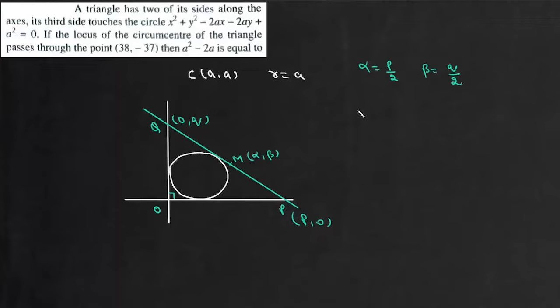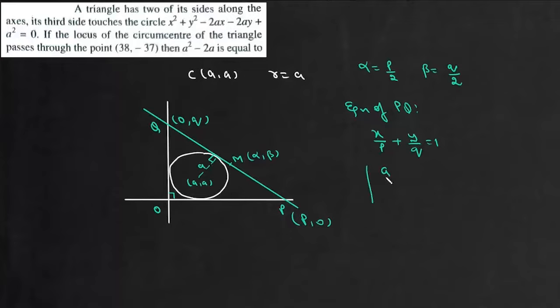Now the equation of this line PQ will be given by x upon P plus y upon Q equals 1. Since this line is tangent to this circle, the perpendicular distance from the center must be equal to its radius.